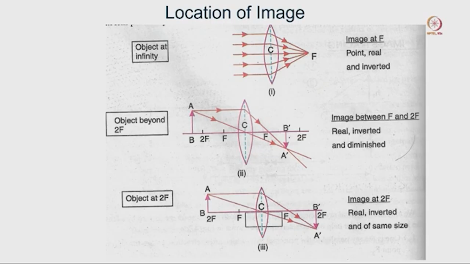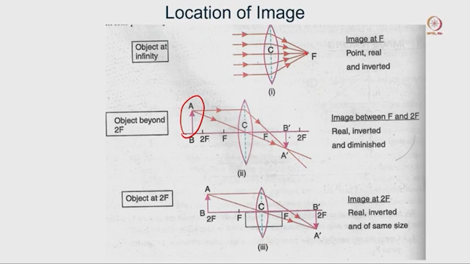So if rays are coming from infinite distance, we can get this f here. Now the question was, will my image size and object size always be the same? No, it depends on the position of our object here.